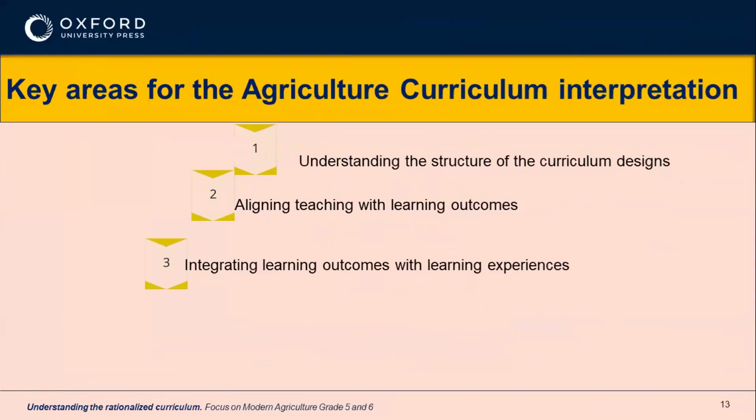Then they also need to align teaching with the learning outcomes, because the learning outcomes give the teacher the content and concepts to teach. Finally, it helps in integrating learning outcomes with the learning experiences. In this case, the learning experiences are the activities that children are going to be involved in when they are in class.